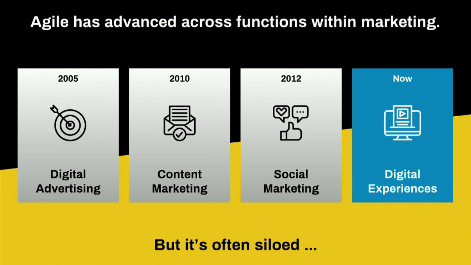That's the stuff that we were promoting. Let's iterate on existing content rather than always creating new content. Build an SEO engine that serves our business. Social marketing put Agile to use in helping us be much more reactive and responsive in a really timely manner. It put a lot of pressure on that. And now it's really coming to the digital experience world. It's coming to the sites that we deploy.